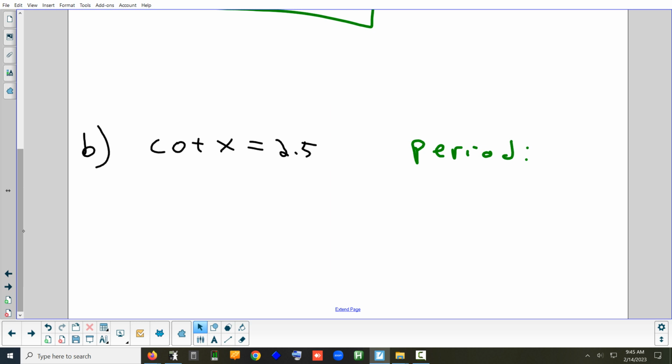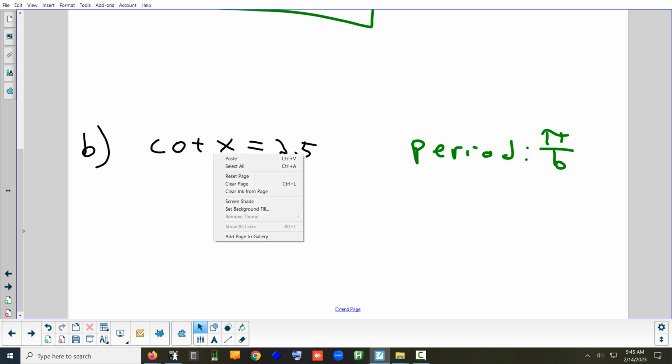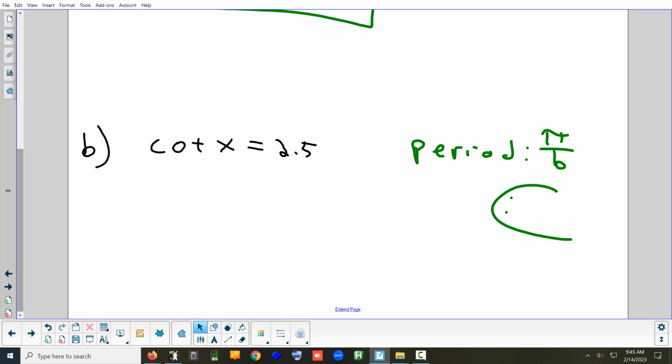Yeah, pi over b. And remember, b is the number in front of the x. What number is in front of the x in this case? 1. So the period here would be pi. Right. So keep that in mind when we put our answer. We're going to put that on the end of it.